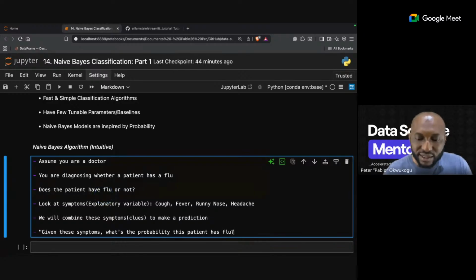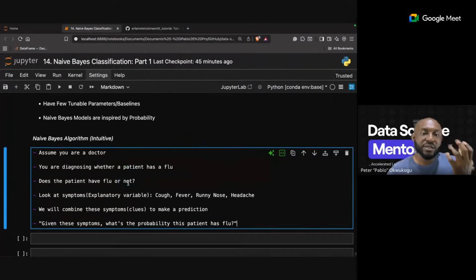So this is, for lack of a better term, basically the Naive-Bayes workflow in terms of what we're trying to do, the thought process, the thought flow on it. So this is an intuitive way of thinking about the Naive-Bayes algorithm, right?